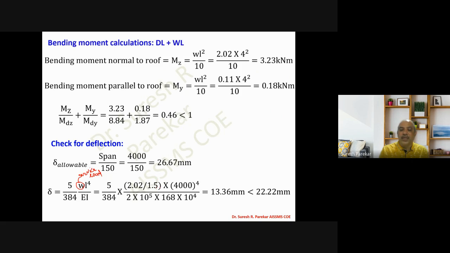So to make it as service, we have to divide it by 1.5. And from this we will get value as 13.36, and our this value, that is span by 150, we have this value as 26.67 millimeters, and therefore it is safe.